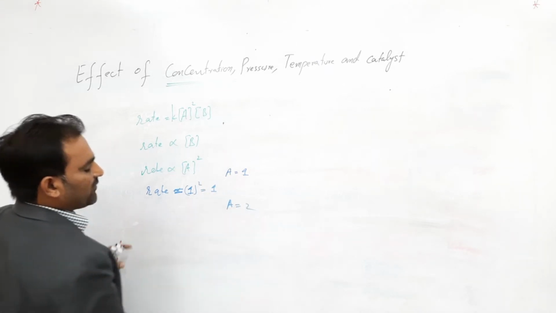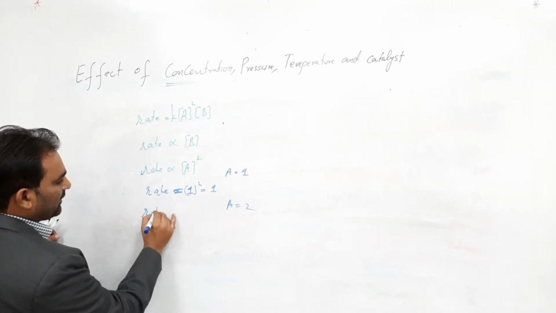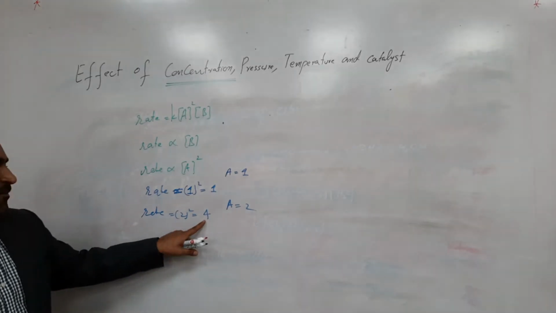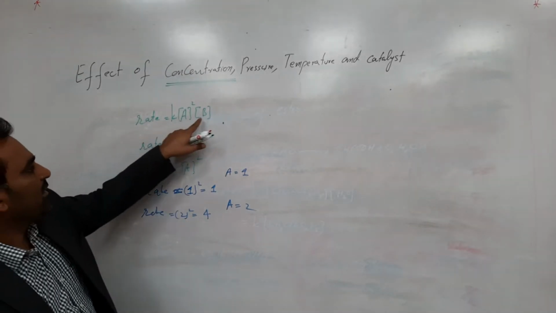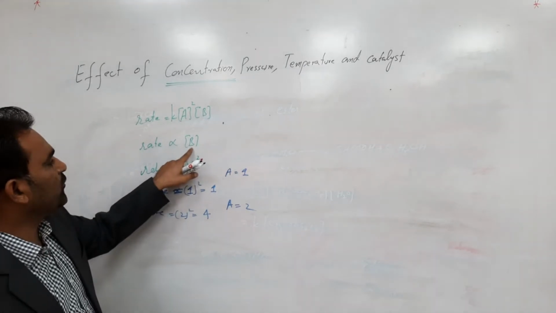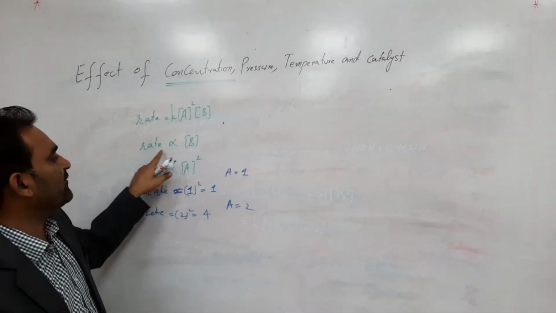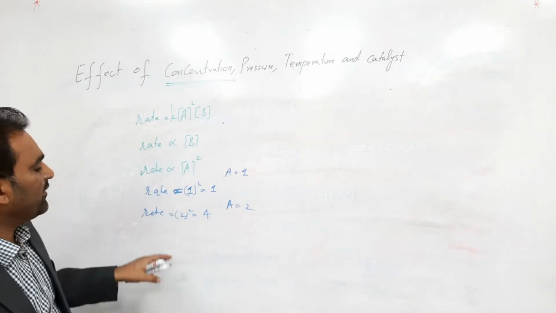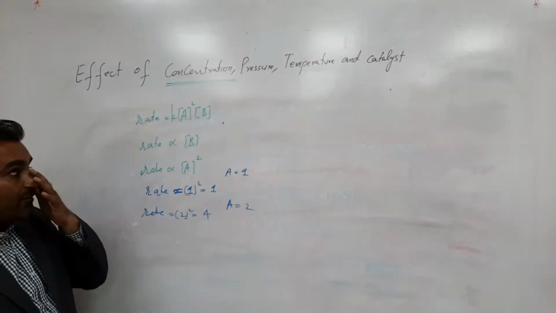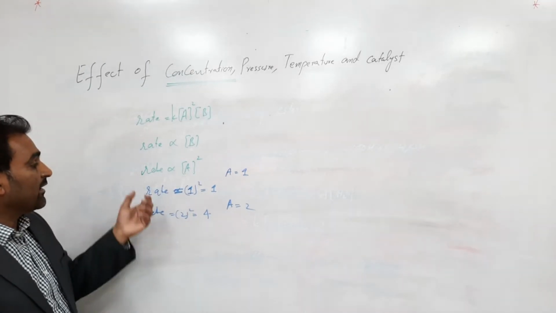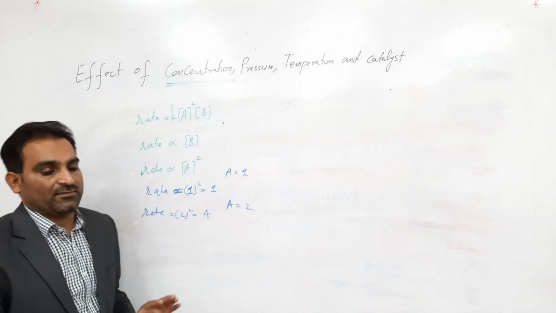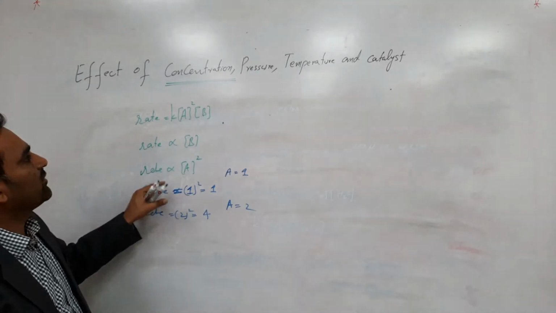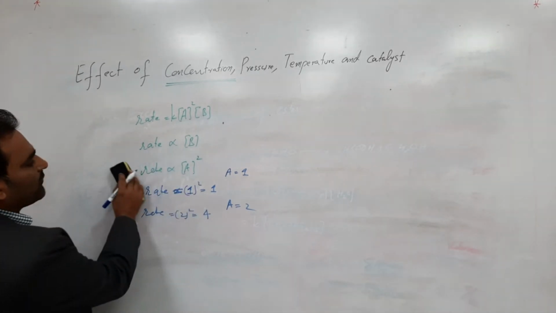If the concentration of A is doubled, then the rate will be increased 4 times. If you double the concentration of B, the rate will be doubled. But if you double the concentration of reactant A, the rate will be increased 4 times. So here you can get an idea about the effect of concentration upon the rate of reaction.